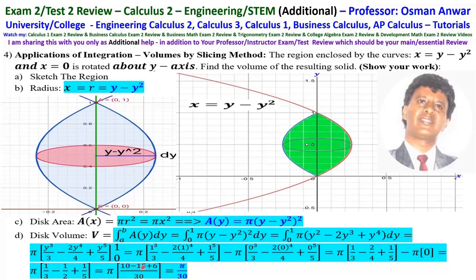Common denominator is 30, so that's 10 minus 15 plus 6, which is 16 minus 15, which is 1, so that's pi over 30.